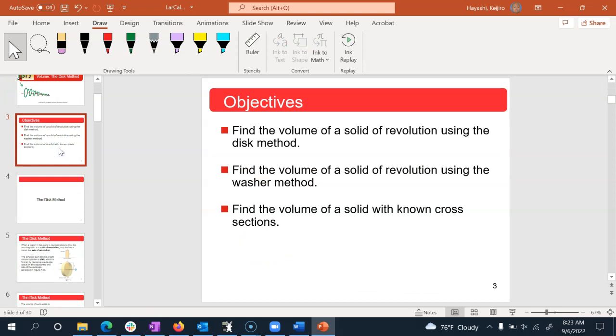So we're going to find the volume of a solid of revolution using the disk method, which is what I just described. The washer method is the same, except the disks have a hole in the middle, so call them washers instead.